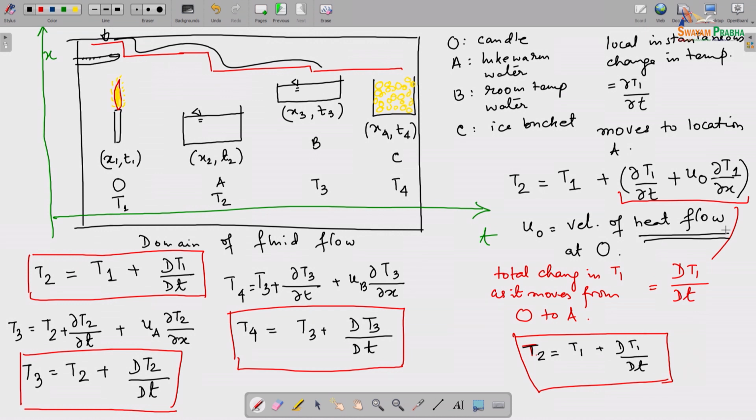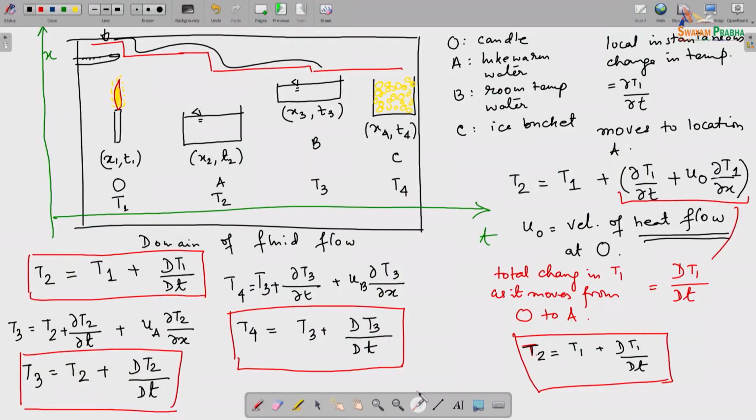The point is that if you didn't have a candle and some other 3 different types of sources of heat at different temperatures, then it would actually have the same temperature, there would not be any change in temperature. Then on this entire domain you would have the same temperature. So your continuum approach is fine, there is nothing wrong with that.